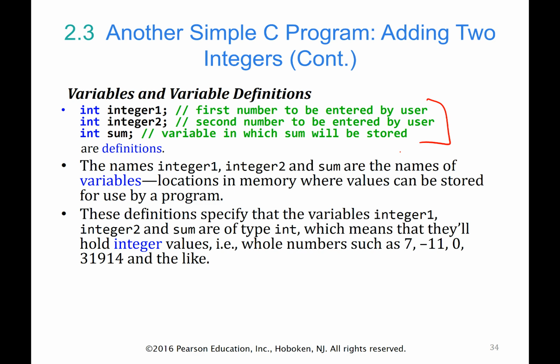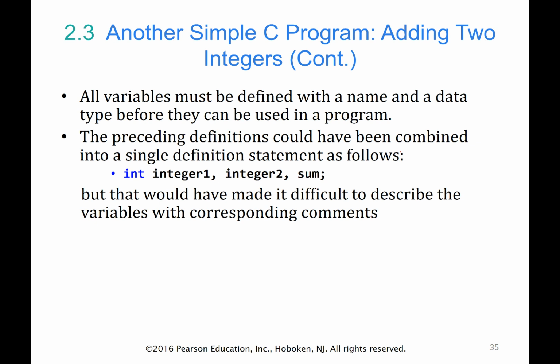So these definitions explain that they're of type integer, whole numbers. He does show, as I just mentioned a few minutes ago, that we can combine all three of those on one line. We don't have to have three separate lines for integer 1, 2, and sum. We can do that on one line right there.